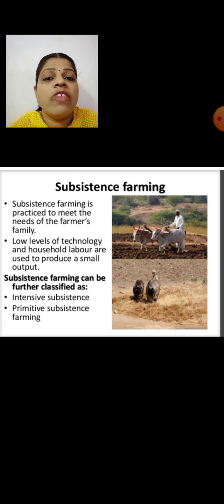A low level of technology and household labor are used to produce a small output. As it is not business oriented, a lump sum amount of crops is not needed. So there we use a low level of technology, and more laborers are used to produce this output.